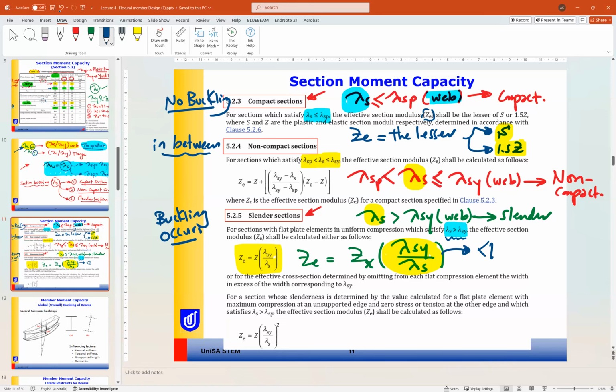Okay, for a non-compact section, it is like interpolation between the two.